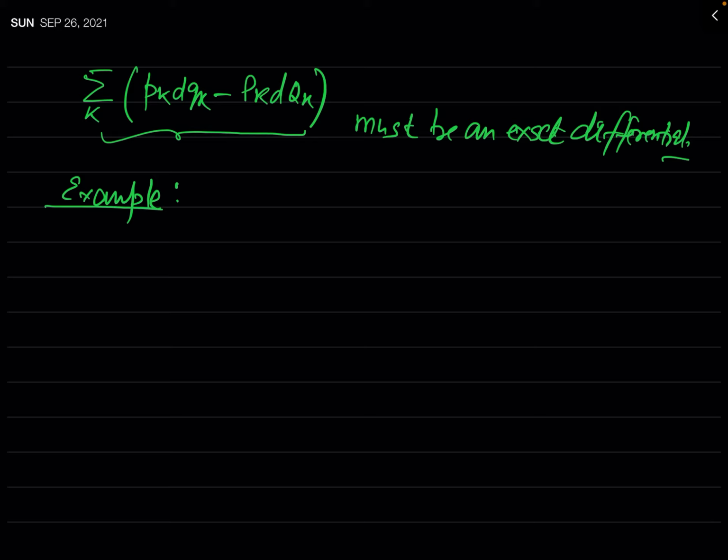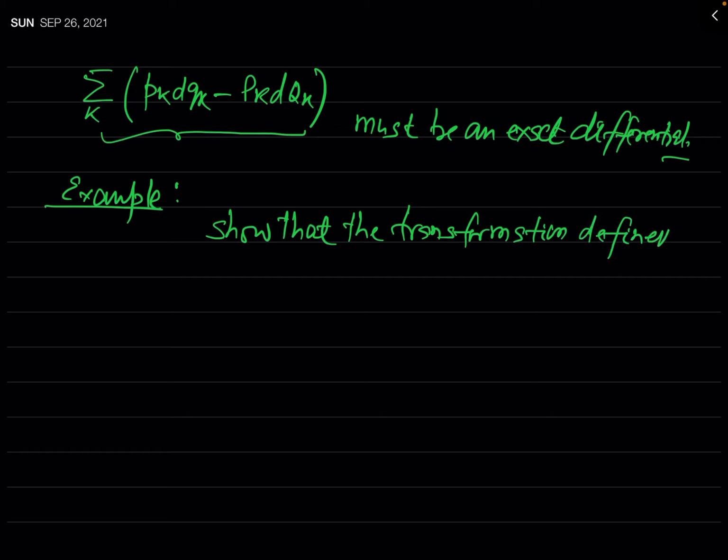Let us say, I am writing in the question form of this example, that the transformation defined by small q equal to root over 2 capital P sin Q and small p equal to root over 2P cos Q.